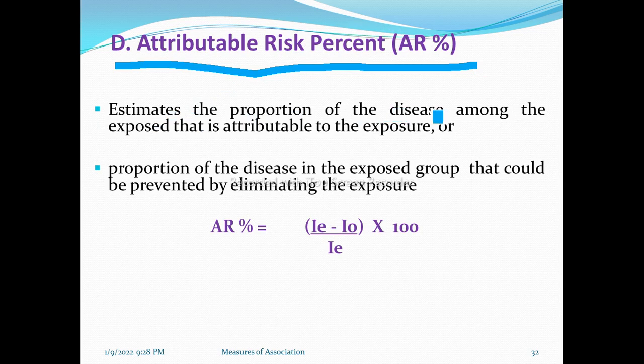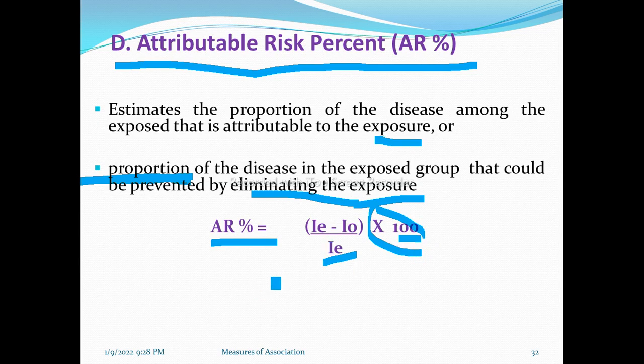It estimates the proportion of the disease among the exposed that is attributable to exposure, or the proportion of disease in the exposed group that could be prevented by eliminating the exposure. Now the proportion is calculated. So attributable risk percent is equal to incidence in exposed group minus incidence in non-exposed group over incidence in exposed group times 100.